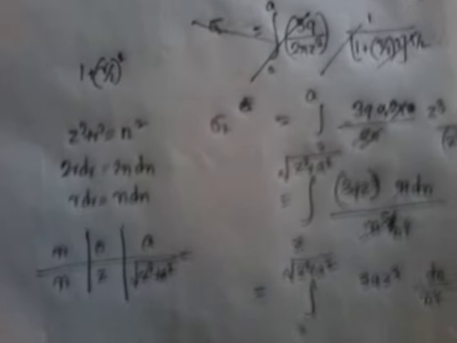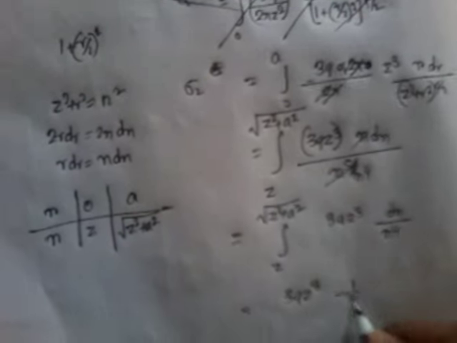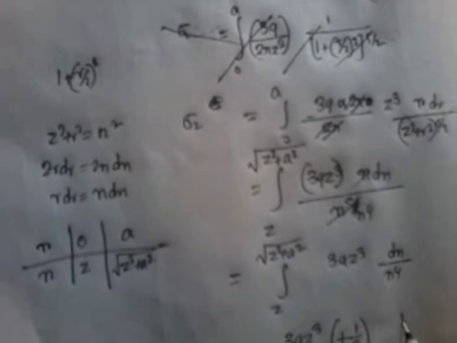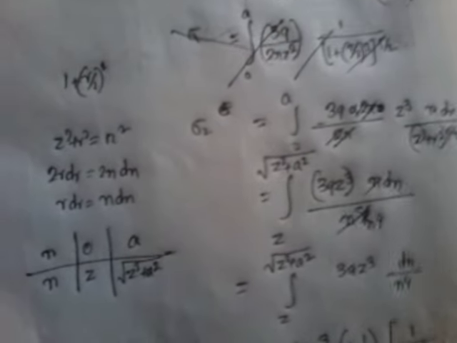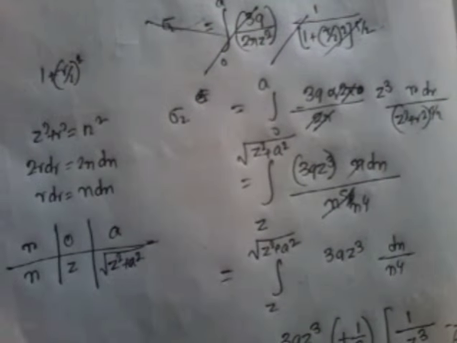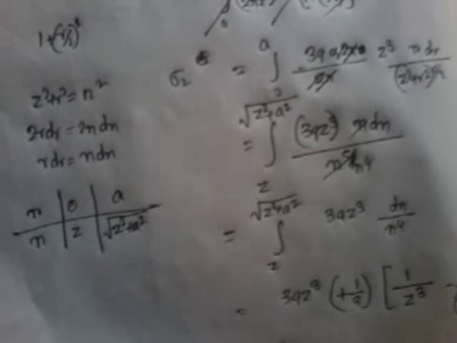So now it will be 3q z cube into minus 1 by 3, and 1 by z to the power 3 minus 1 by z square plus a square to the power 3 by 2.